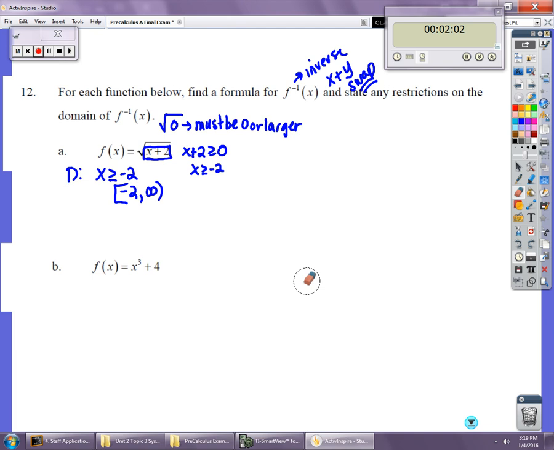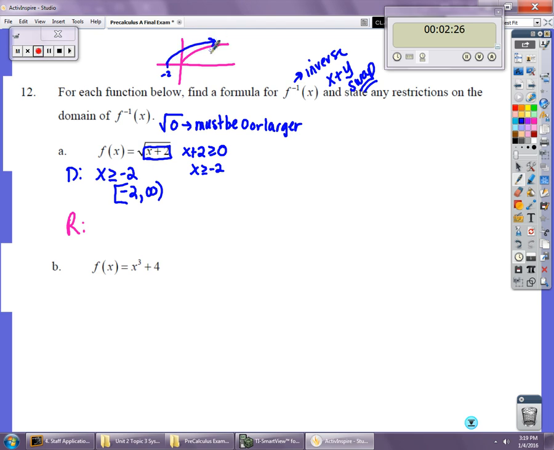Okay, so what about the range? What outputs are we going to get? Well, I know what a square root function looks like, and I'll sketch it up here. It kind of goes off like this. Because it says plus 2 on the inside, that's affecting x, so it shifts to the left.